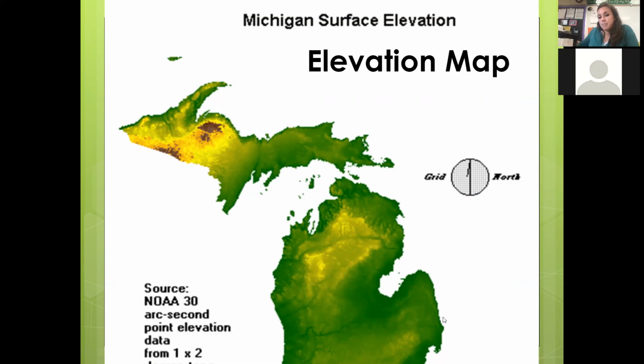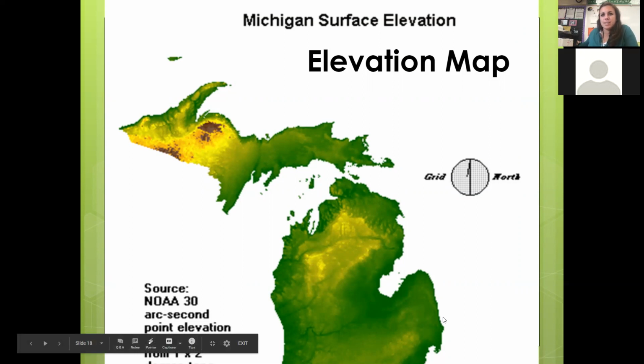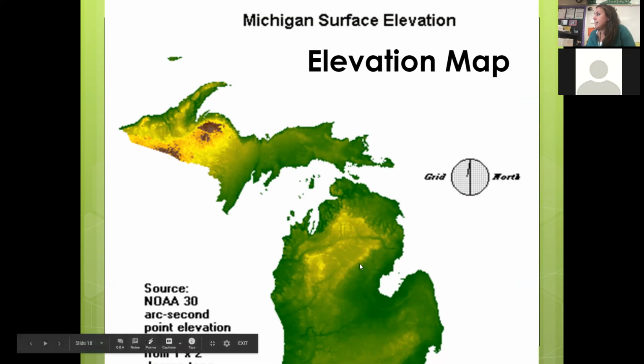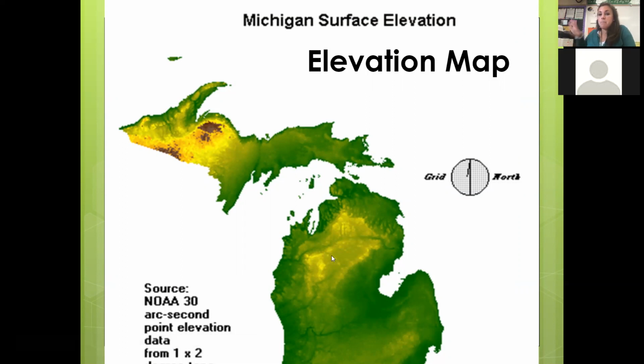In that bottom, we're very much in the green. That's because our land is very flat. If we look around outside, we don't see a lot of hills. We definitely don't see mountains. So that's why that green is very, very flat. As we go north, we see some yellow. Yellow is kind of middle ground.